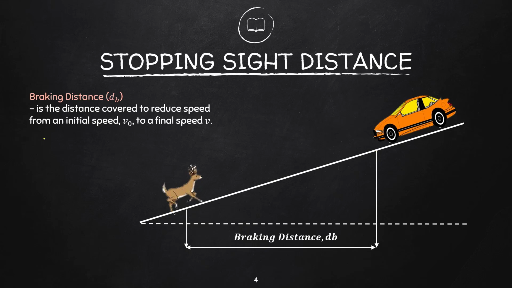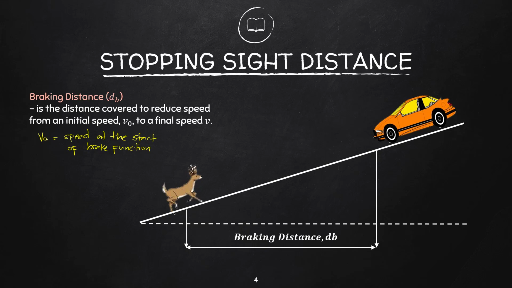So we can say that V0 is the speed at the start of brake function. Once the driver was able to step on the brake, we will measure V sub 0.